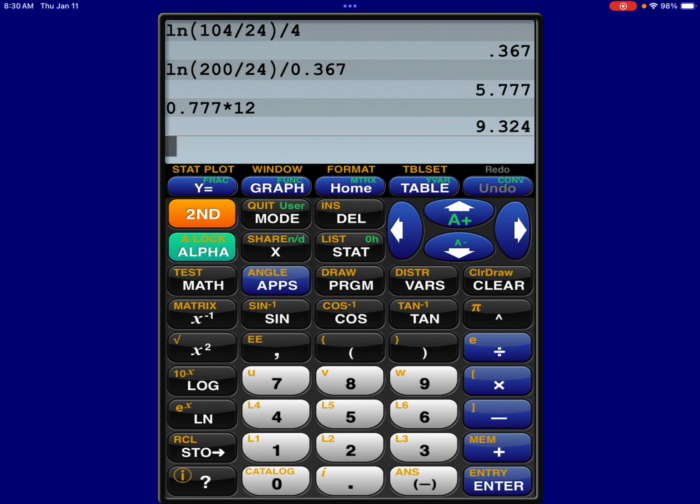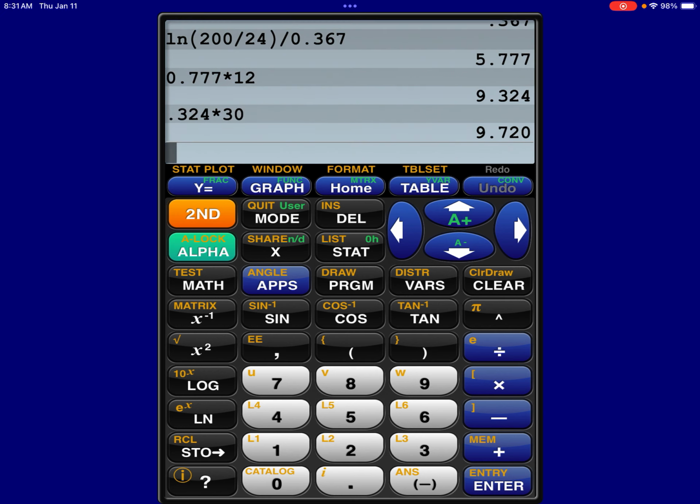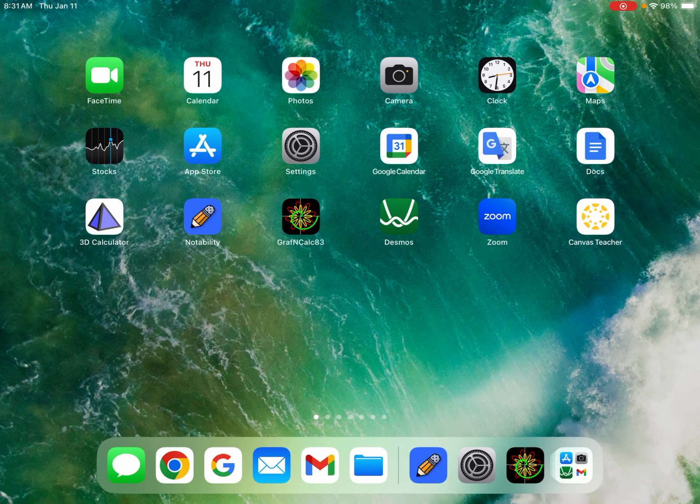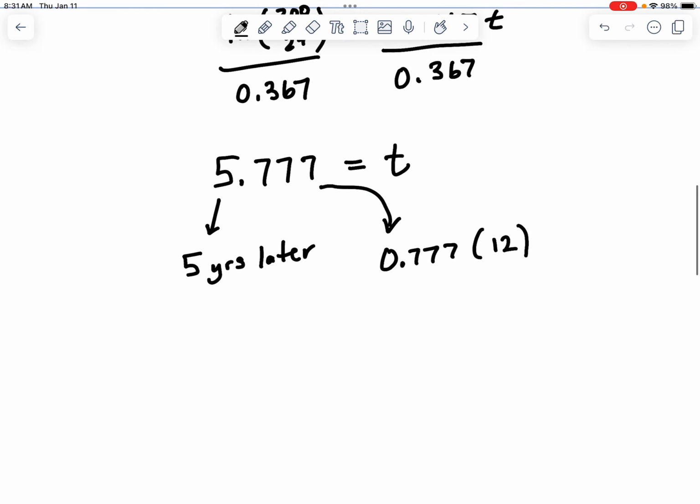So that would be the 9th month. So 9th month is September, so that's going to be September. And if you even wanted the days, you could take the 0.324 and multiply with however many days there are in September, and you could even find out that it would be September 9th. Okay, but with this one, I just asked for the year. So this is September because that was a 9.